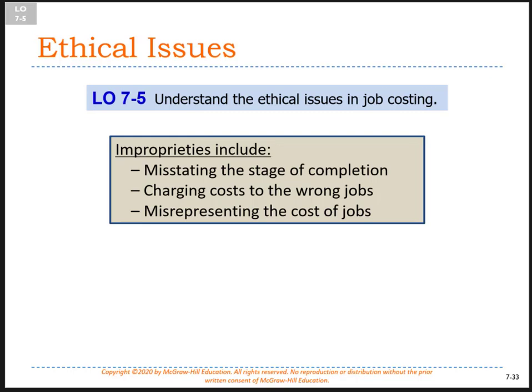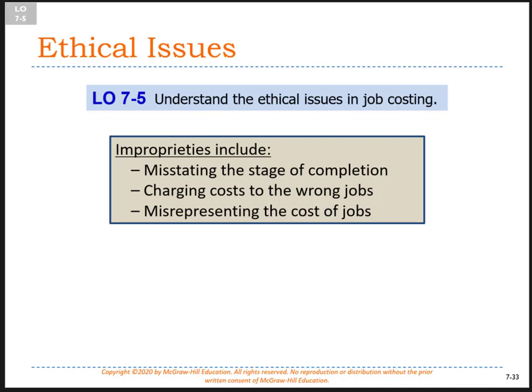That's a problem. If you're using the cost of the job to bill customers and you're actually moving cost from one job to another, then the customer that gets the additional cost is going to pay more. And that would be unethical. That would be an issue. So that typically is putting something on the wrong job.